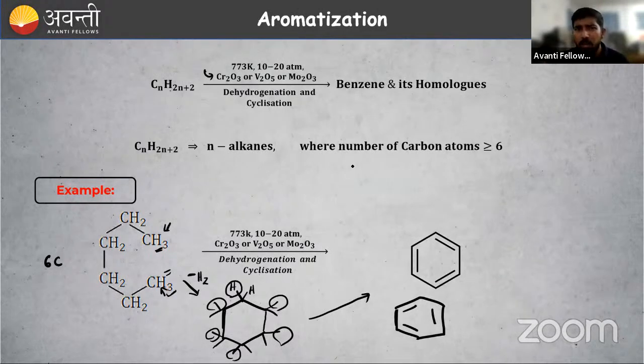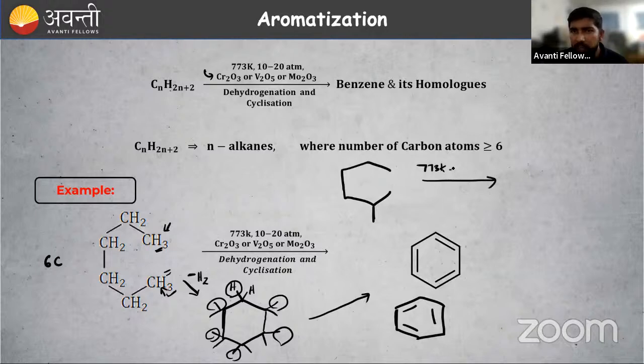I will give you one homework question for it. I have this chain, and here one methyl group is attached. What is the product obtained? 773 Kelvin, 10 to 20 atm, then dehydrogenation and cyclization will take place. Remove some hydrogen, then a cyclohexane type ring is formed.